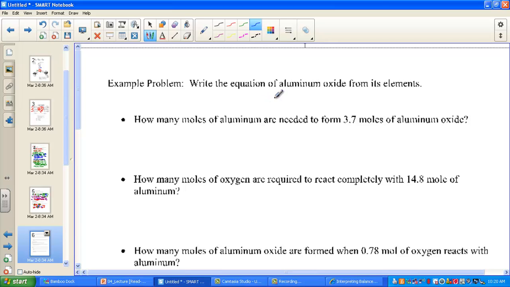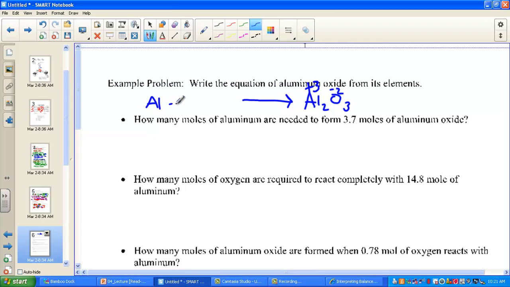Let's write an equation of aluminum oxide from its elements, forming aluminum oxide from its elements. We want to make, so I'm going to point at it, write the equation for forming aluminum, who carries a +3, oxide, who carries a -2, so when we crisscross, we get a compound, Al2O3, aluminum oxide.